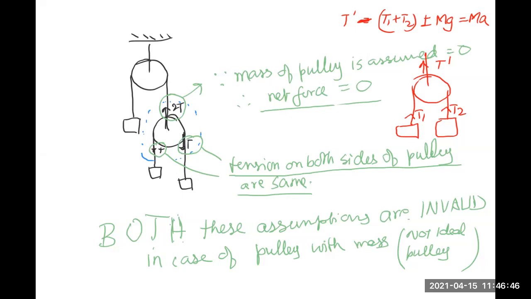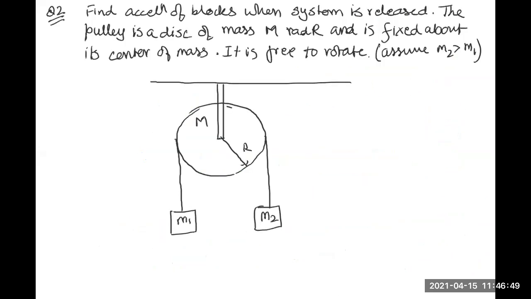So going back to this question. Okay. Now, again, please follow me very carefully. So now we have three objects in the system. Right? These three objects are two masses and a pulley.